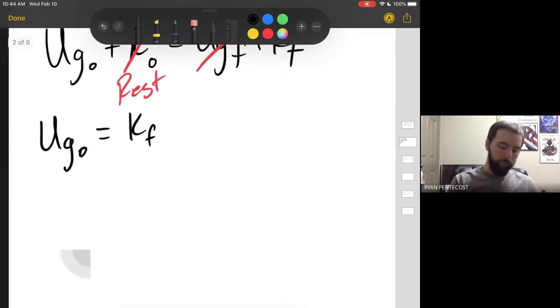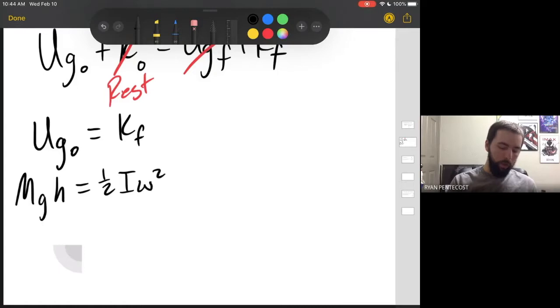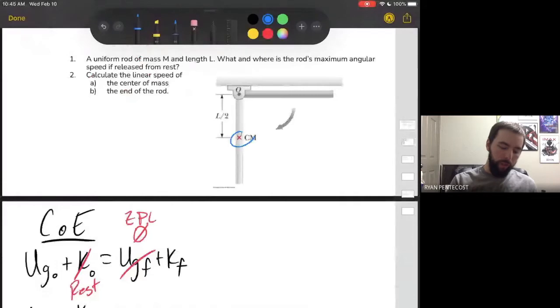Now we have mass M and length L. So we will say we've got mgh equals 1/2. Now this isn't going to be mv squared. This is going to be I omega squared. Now we also need to establish what is the height here. Well, we need to remember that we are going to use the center of mass for finding the angular speed.